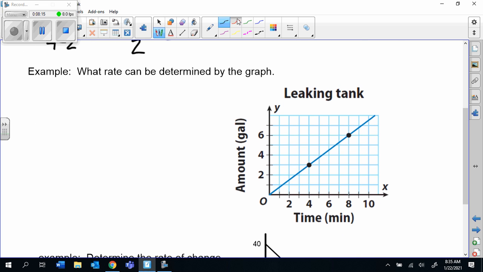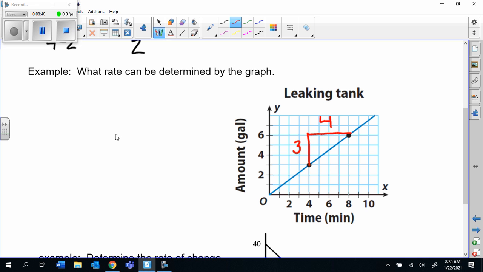Sometimes it's kind of nice just to count it from the graph, but be careful what the axes are counting by. So in this, it looks like we have some type of leaking tank, and it's leaking gallons. And so it looks like here we're counting by ones. Looks like here we're also counting by ones, so we're going up 1, 2, 3 gallons every 1, 2, 3, 4 minutes.